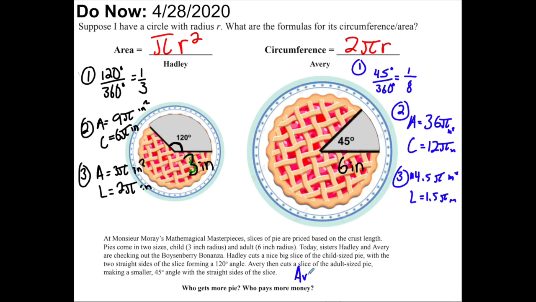Avery gets more pi. She actually gets 1.5 times as much pi as Hadley does, right? She gets 4.5 compared to her 3, and Hadley pays more money, because Hadley has more crust than Avery does.